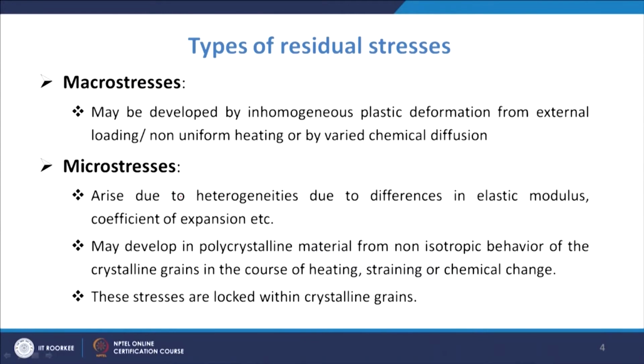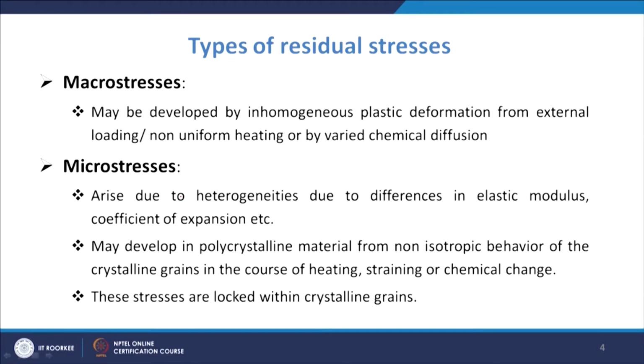Coming to the types of residual stresses. Residual stresses are defined as macro stresses as well as micro stresses. Macro stresses are developed by inhomogeneous plastic deformation from external loading, non-uniform heating, or varied chemical diffusion.